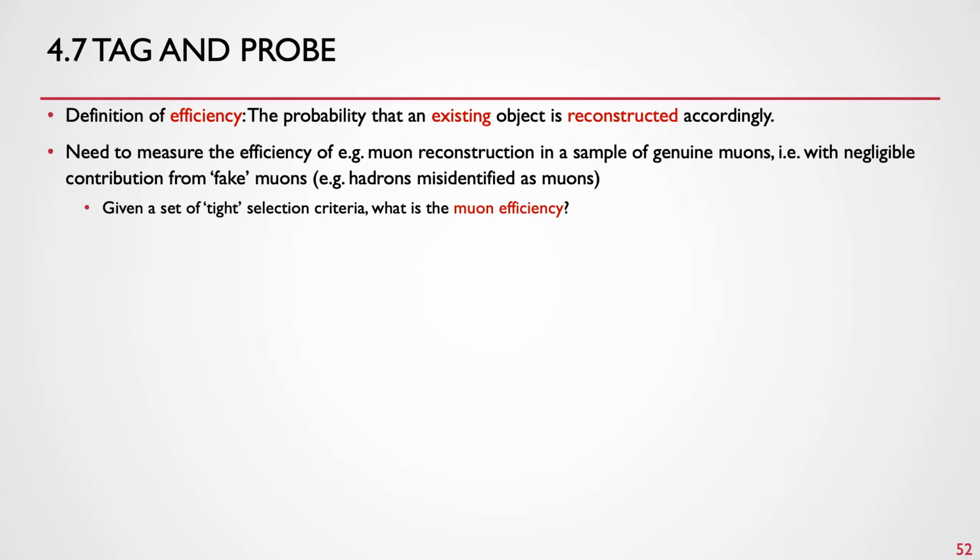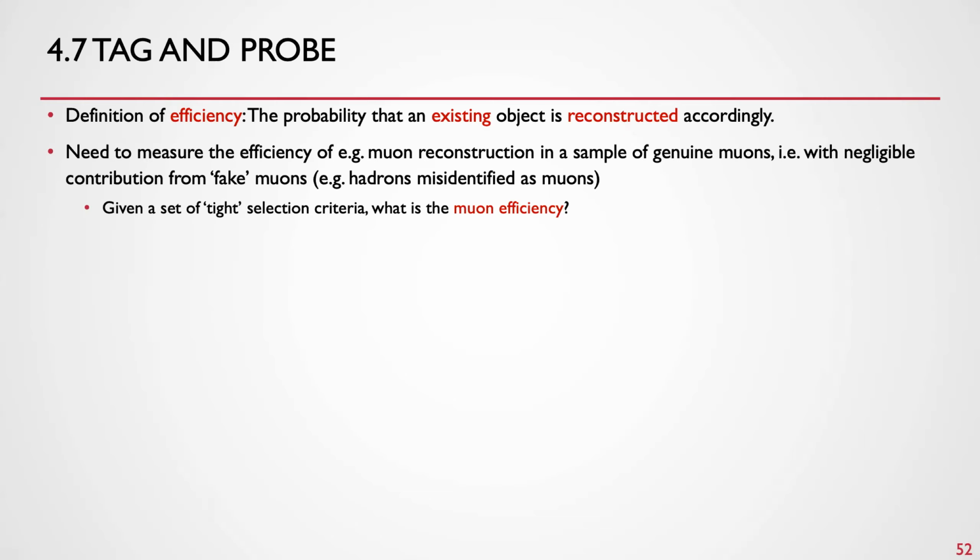An inefficiency is in statistics called a type 1 error. A different mistake is a misidentification. If you have an object reconstructed and you ask the probability that this object reconstruction and identification is actually correct, that does not ask for the efficiency, that asks for the purity.